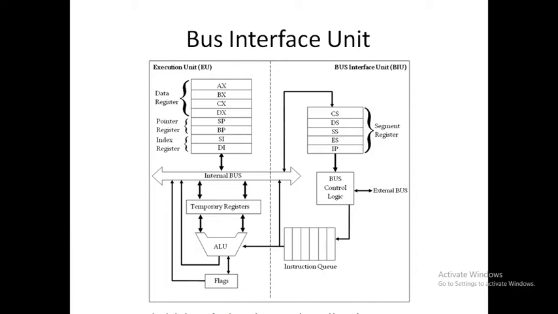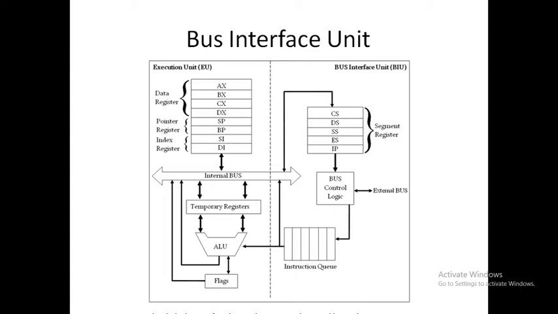It relocates the address of operands, since it gets the unrelocated operand address from the EU. The EU tells the BIU from where to fetch instructions or where to read data. So the EU tells the bus where to give data or where to store data.